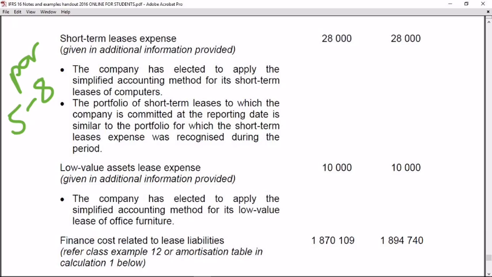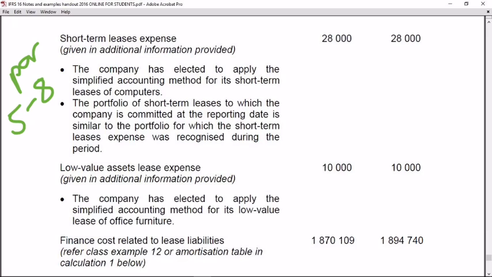Under paragraph 5 to 8, the lessee has the option to elect the recognition exemption, where the lessee does not have to recognize a right of use asset or a lease liability, but they can recognize the lease expense through profit or loss. The only requirement there is that the amount recognized as an expense must be the straight-lined amount.